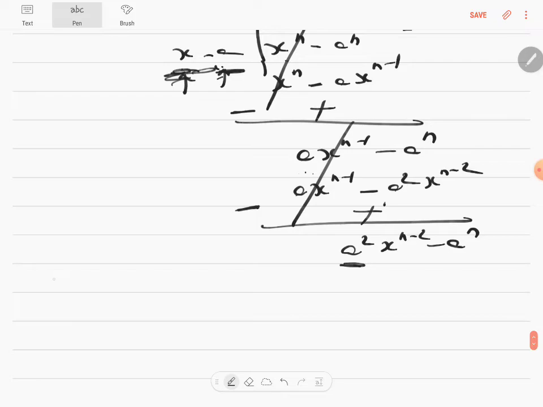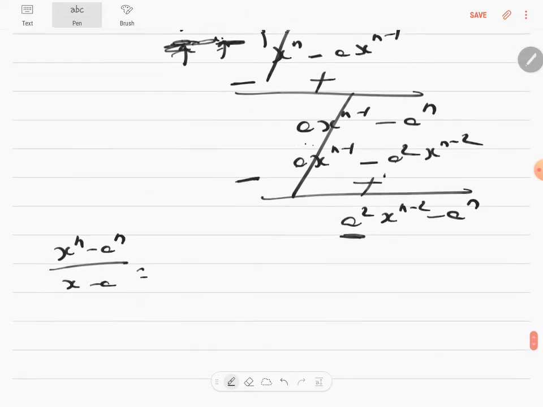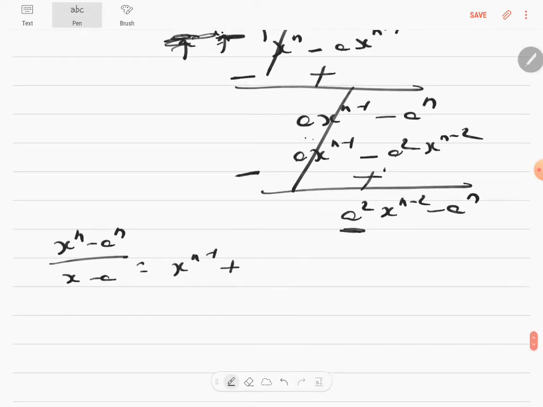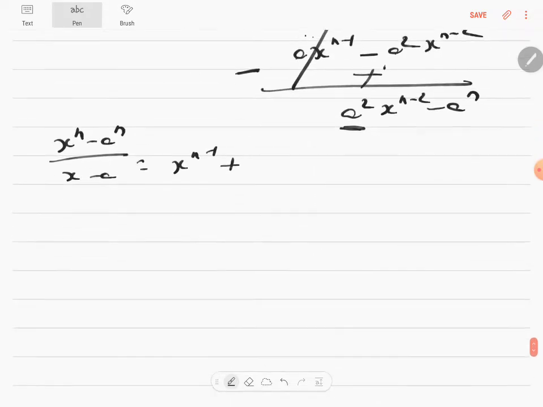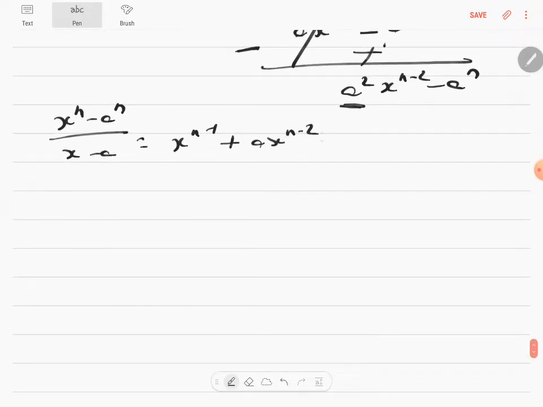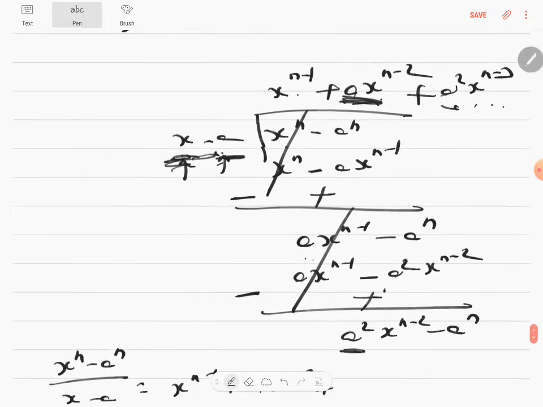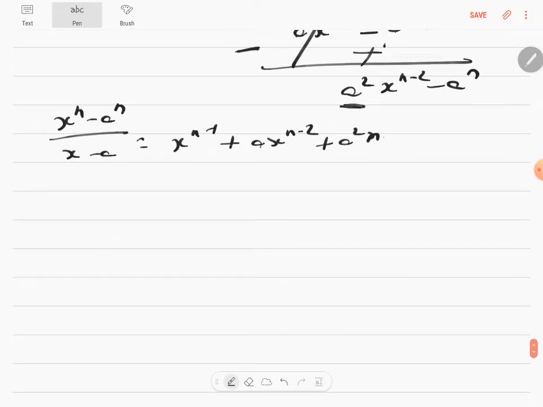Therefore, you know that when you divide x to the power n minus a to the power n by x minus a, you will get x to the power n minus 1 plus a into x to the power n minus 2 plus a square into x to the power n minus 3, and so on, correct?